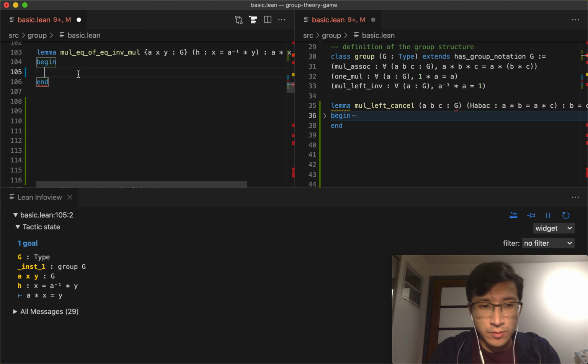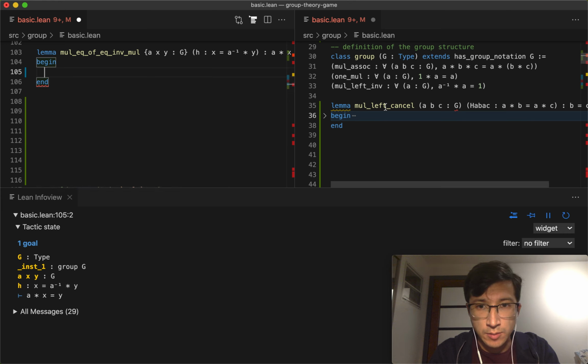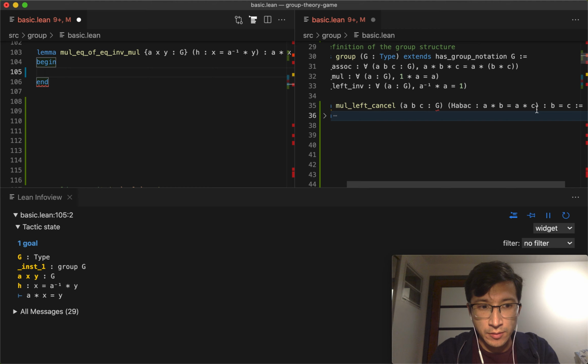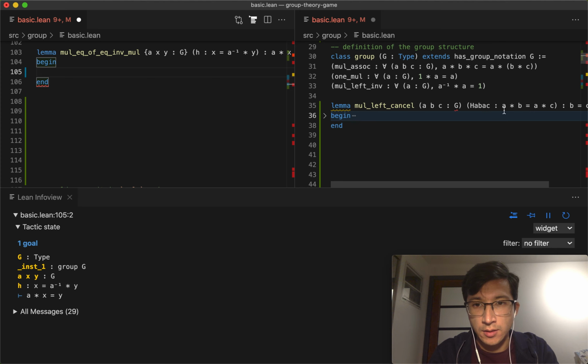So what else could we try? One thing that we have extra is mul_left_cancel, which will, when we have something like b equals c, we can supply it with a times b equals a times c and cancel a on the left side.